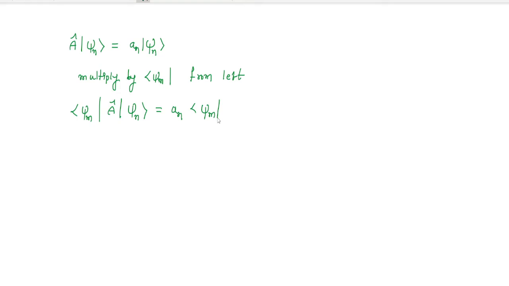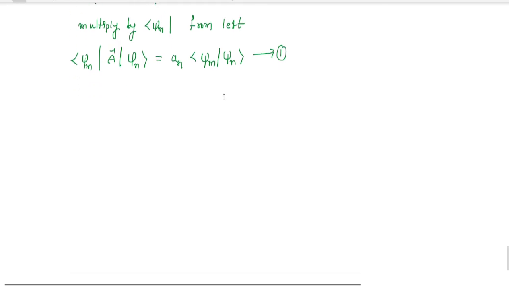Don't worry about this one. Here I'm going to give a number to this equation. This is equation number 1. Similarly, here I'm doing the same operation that we did with the ket function, but using the bra function.